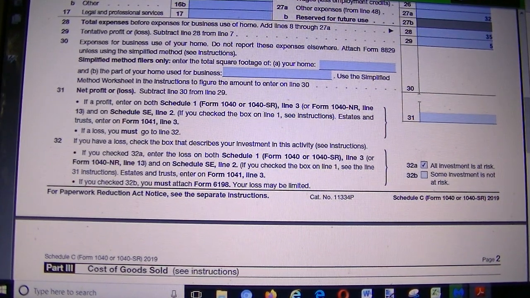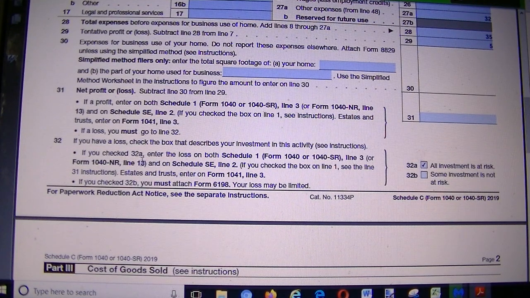But pretty much what it is that if you have a loss, well, you have to answer the question whether or not all your investment is at risk or not. And that's what will guide you to how you'll fill up that form 8582. And also, if not all your investment is at risk, even if all your investment is at risk, there is that, let's see what is saying here.